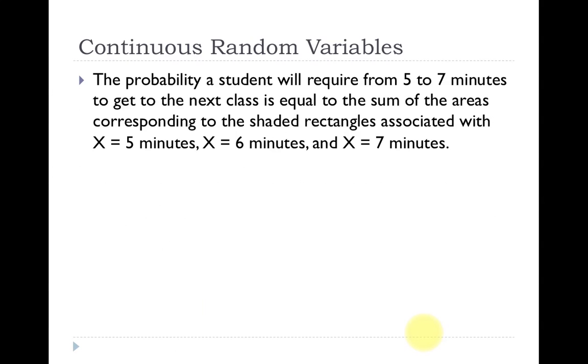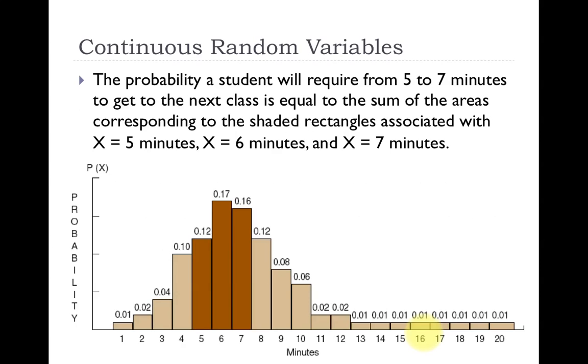The probability a student will require from 5 to 7 minutes to get to the next class is equal to the sum of the areas corresponding to the shaded rectangles associated with x equals 5, x equals 6, and x equals 7 minutes. So if we take the areas for x equals 5, 0.12, plus 0.17, plus 0.16, because remember the area is the same as the probability.